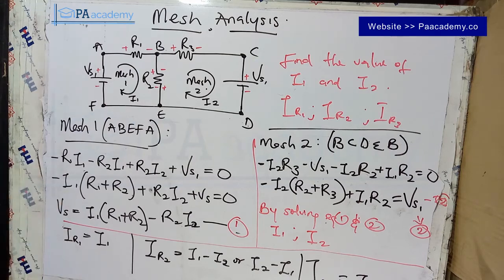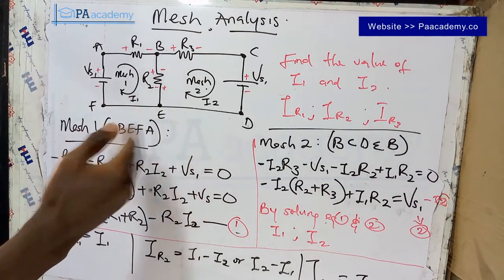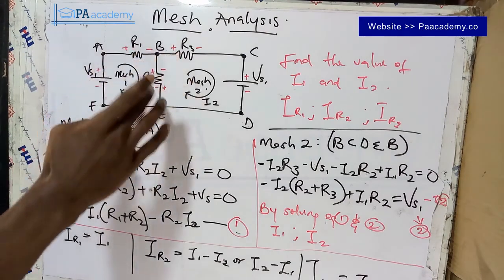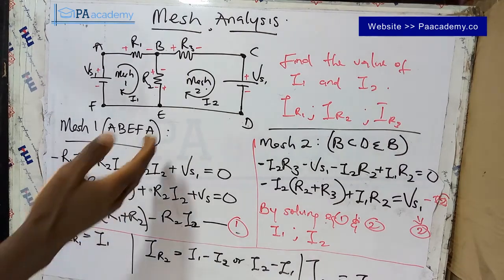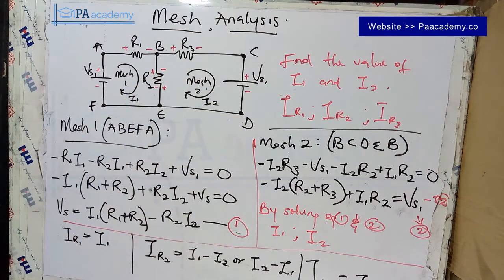It's also important for you to understand this concept, because some questions can ask you to simplify a circuit or to find the current passing through any particular element, stating specifically that you should use mesh analysis. For you to get I1 and I2, there are other methods that you can apply, but some questions can ask you to use mesh analysis. So it's very important for you to understand this. I still have 5 more examples that I'm going to be taking you through, so that you can have a full knowledge and understanding of what mesh analysis is all about.